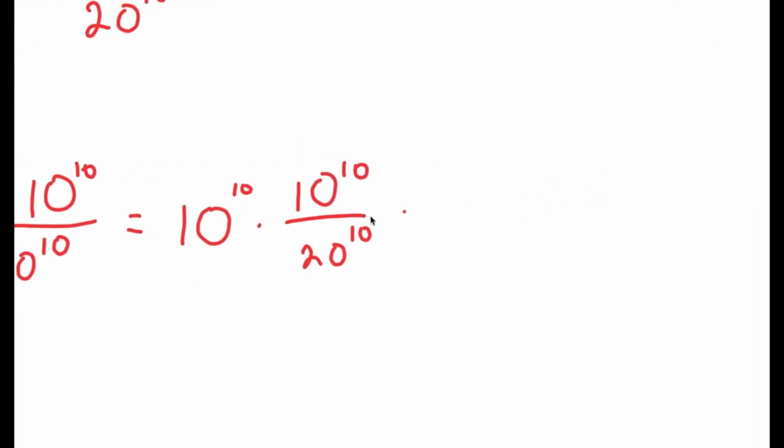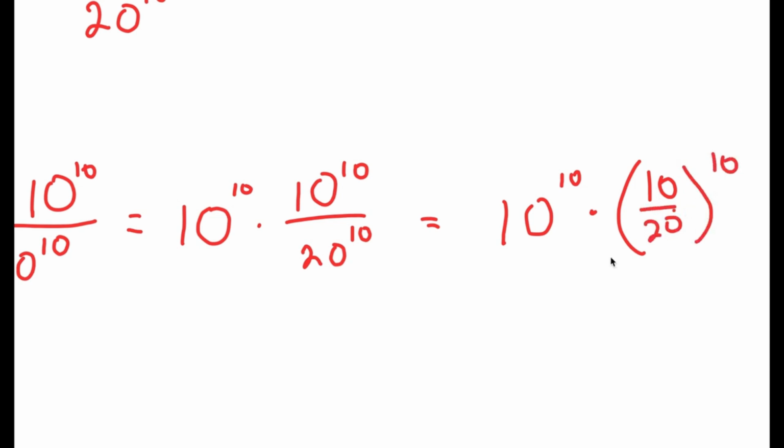So in this case, this turns into 10 to the power of 10 times 10 over 20 to the power of 10, which is equal to 10 to the power of 10 times 1/2 to the power of 10.